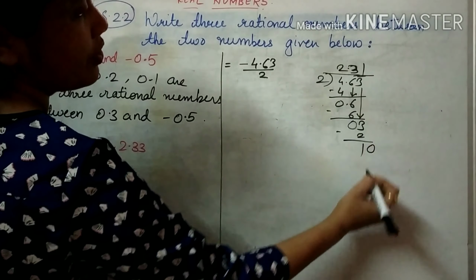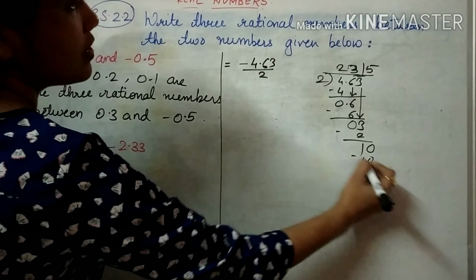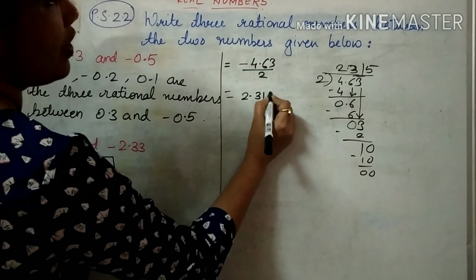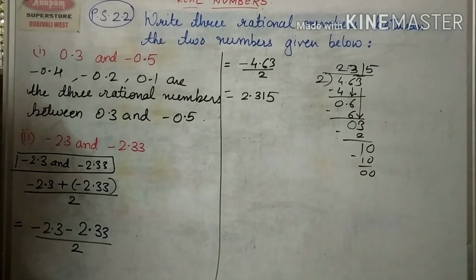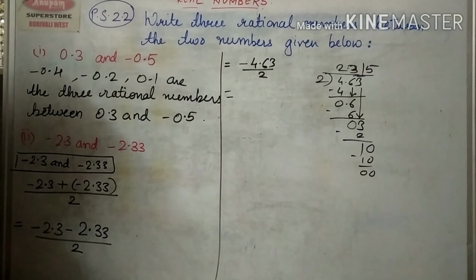Since I have a decimal point here, I can take 10, so 2 5s are 10. So we get remainder 0. So answer for this will be 2.315. So I have already got one answer for this. The answer is 2.315. But this is only one number.